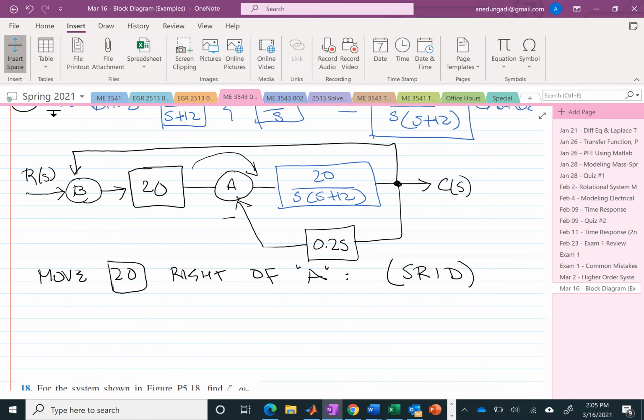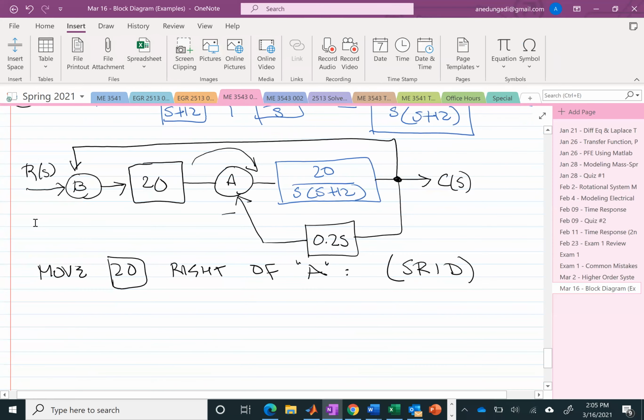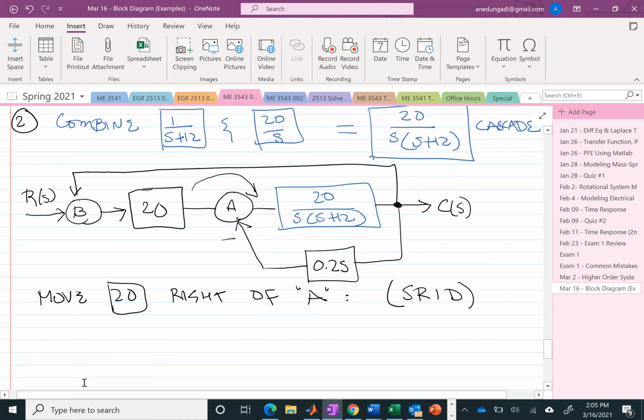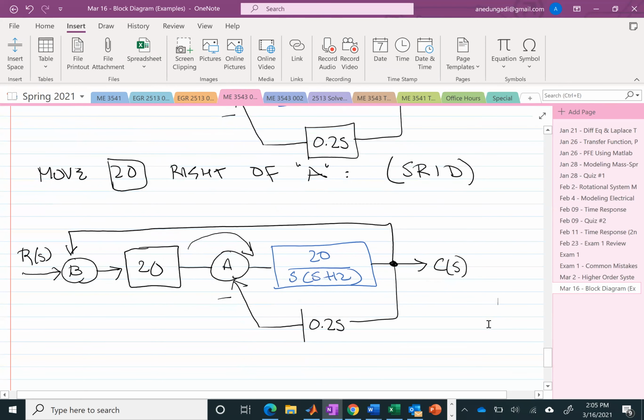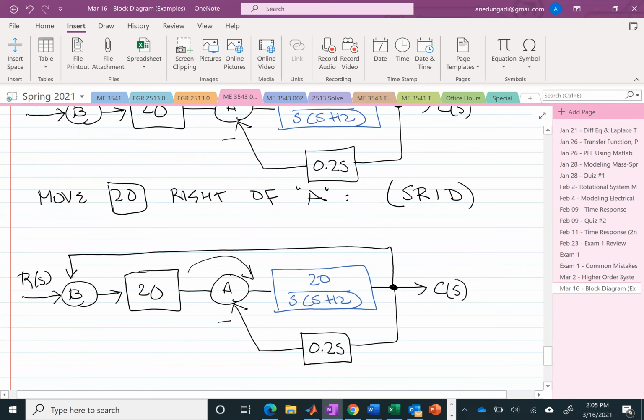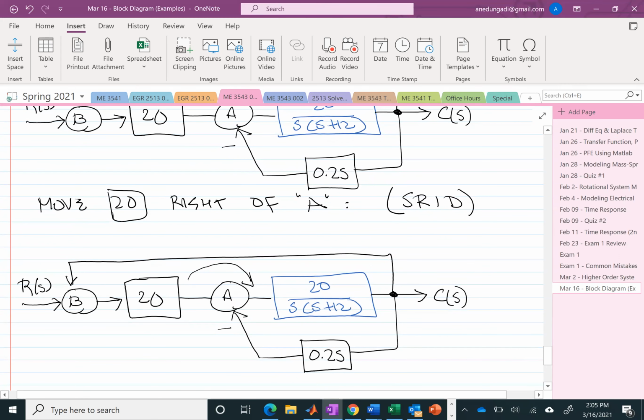Let me add some more space here. Let me copy this over. Okay. So that's 0.2s. That's the same thing, right? Nothing has changed. So now I'm going to move 20 to the right.